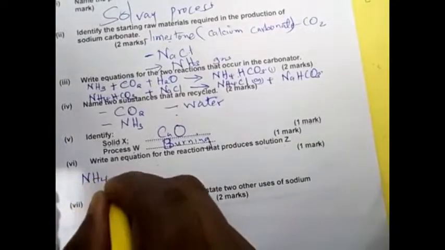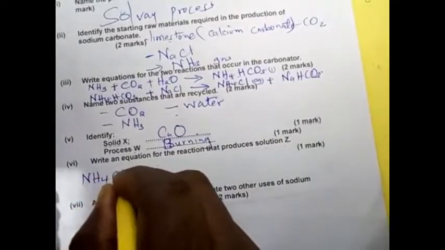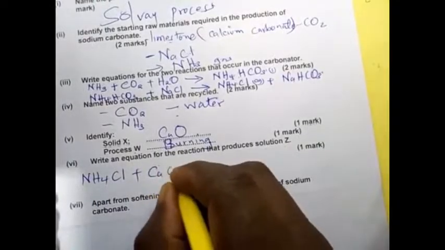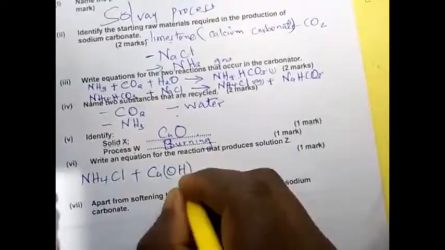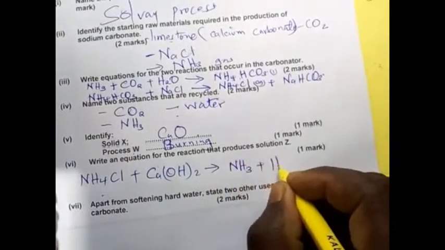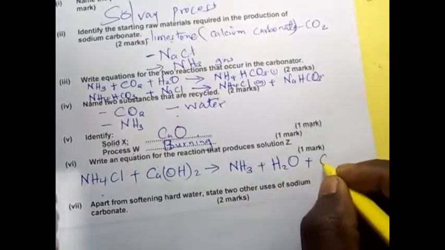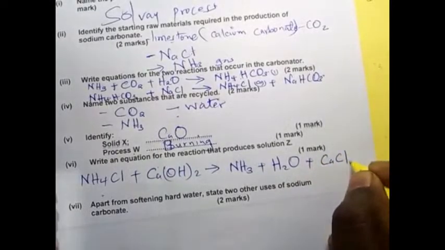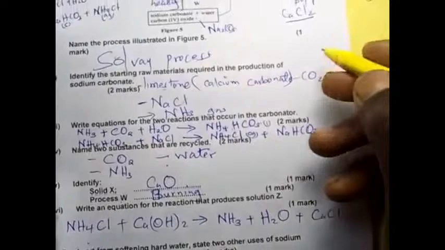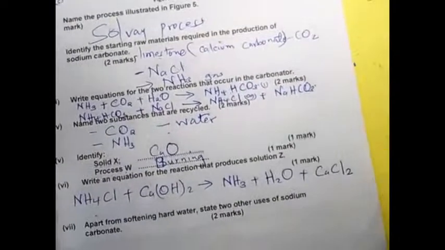So the reaction is that ammonium chloride combines with calcium hydroxide plus water plus calcium chloride, which is now called here Z, solution Z.